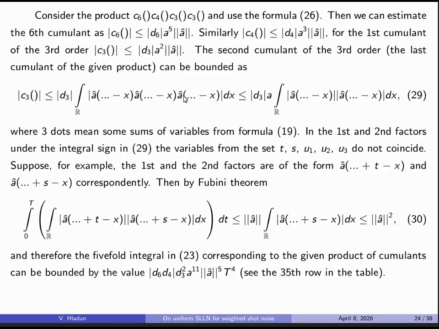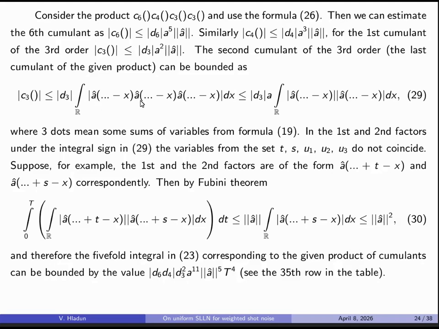The second cumulant of the third order, the last one of the given product, can be bounded as described in formula 29.